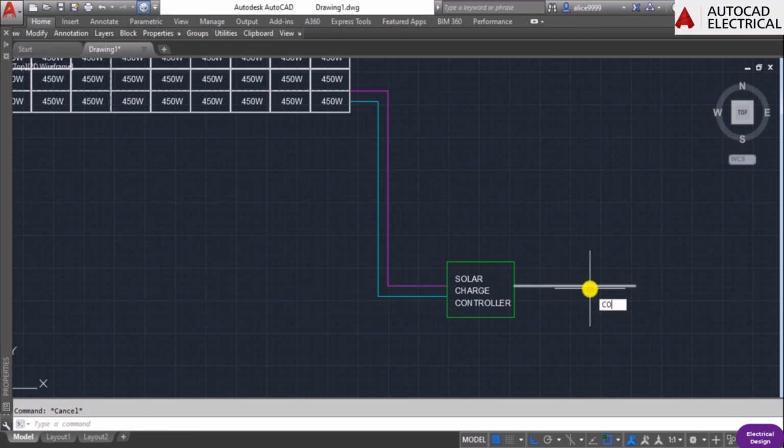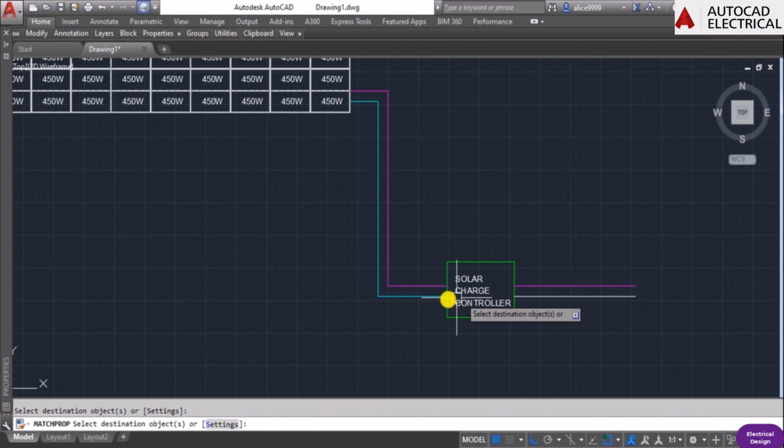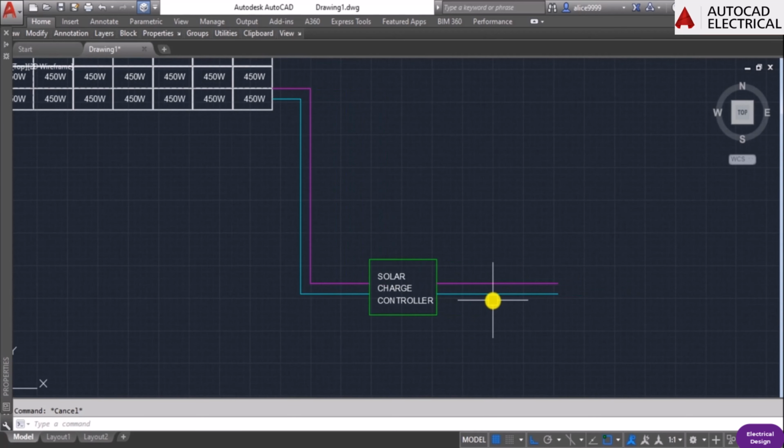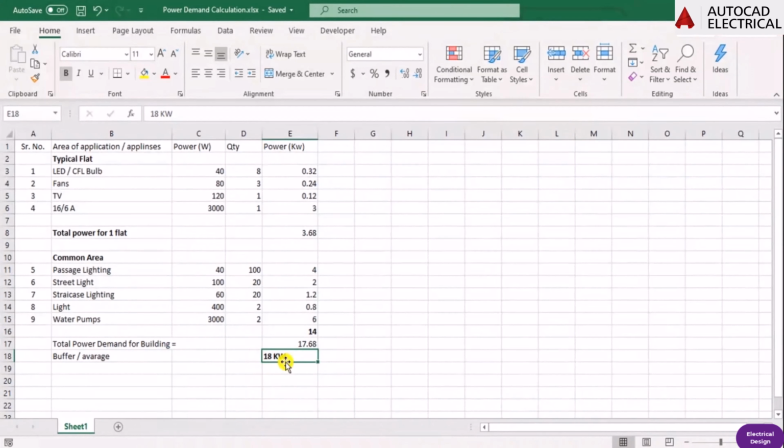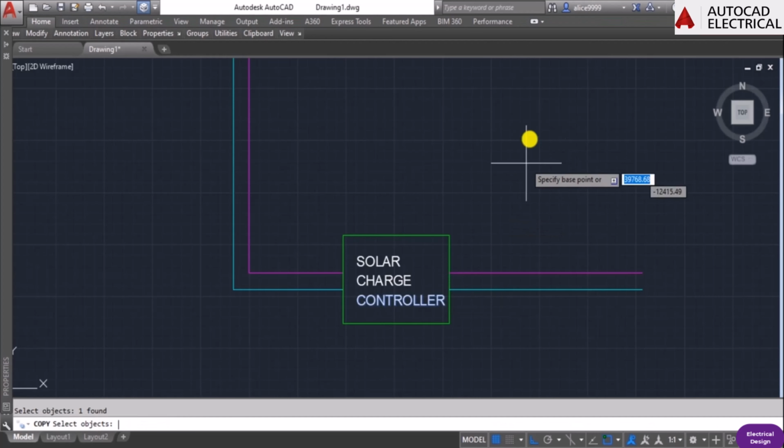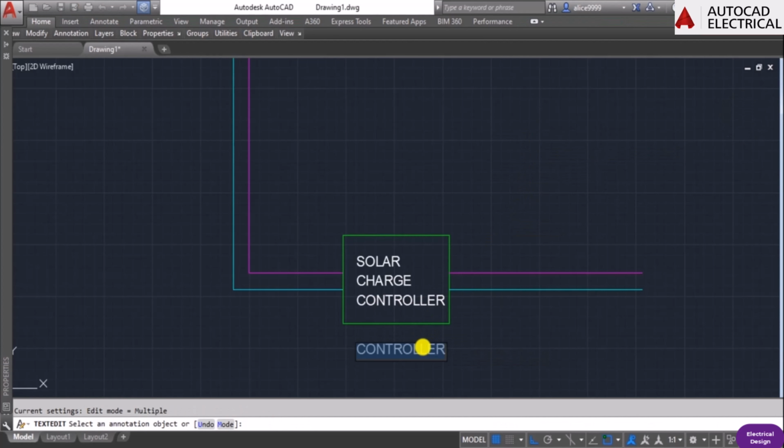From the solar charge controller, there is a cable like this. As we calculated 18 kilowatts, the solar charge controller capacity is around 18 kilowatts and the standard is 230 volts.